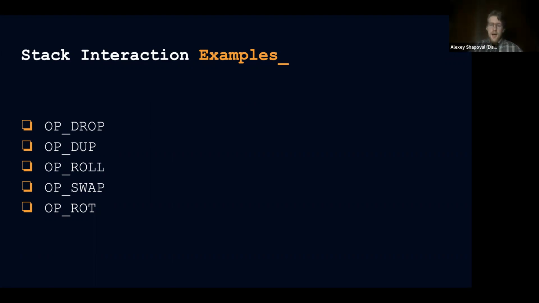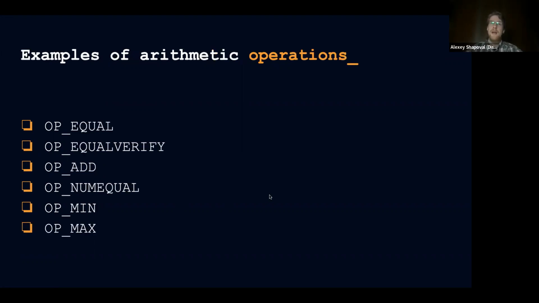So if they exist, it means that sooner or later, it is likely that you will encounter the need to use this operation. And it will be very interesting when we get to the cryptographic operations. But first, let's get arithmetic operations out of the way.